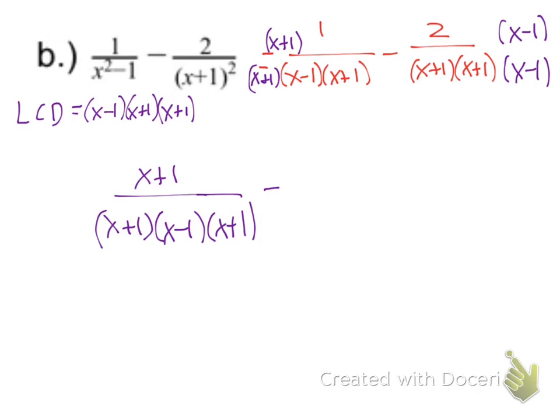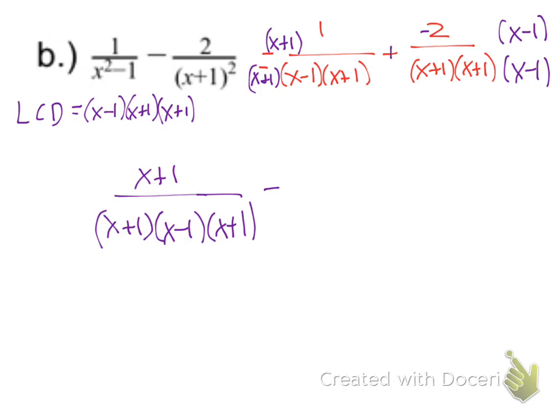Now, the question is, when we have a negative here, we have options, because that negative has to be taken care of. Either I do it in one step, or I have to do it in 2 steps. So I can distribute the 2 to get 2x minus 2. But if I do that, I will have to still distribute the negative at the end. So I propose that you change it to a plus and just make the 2 negative.